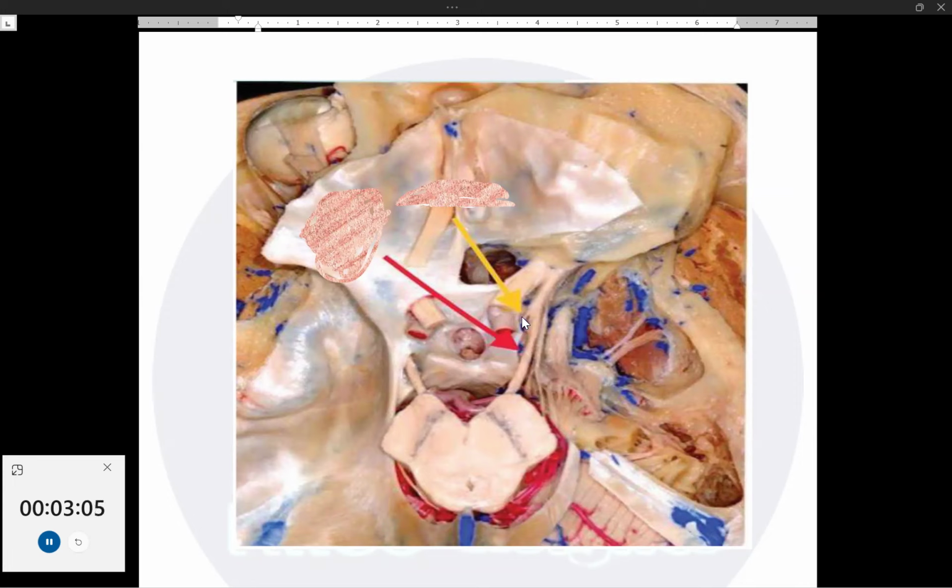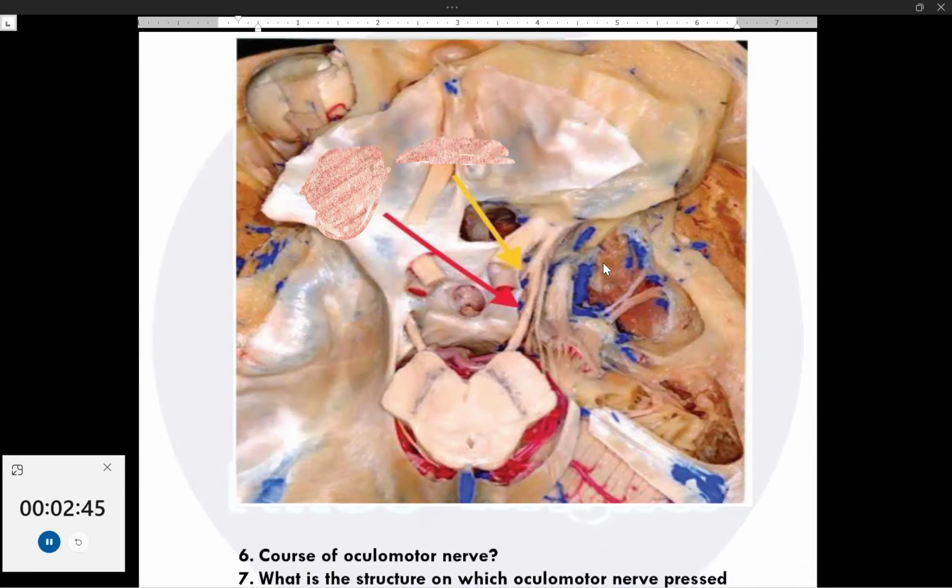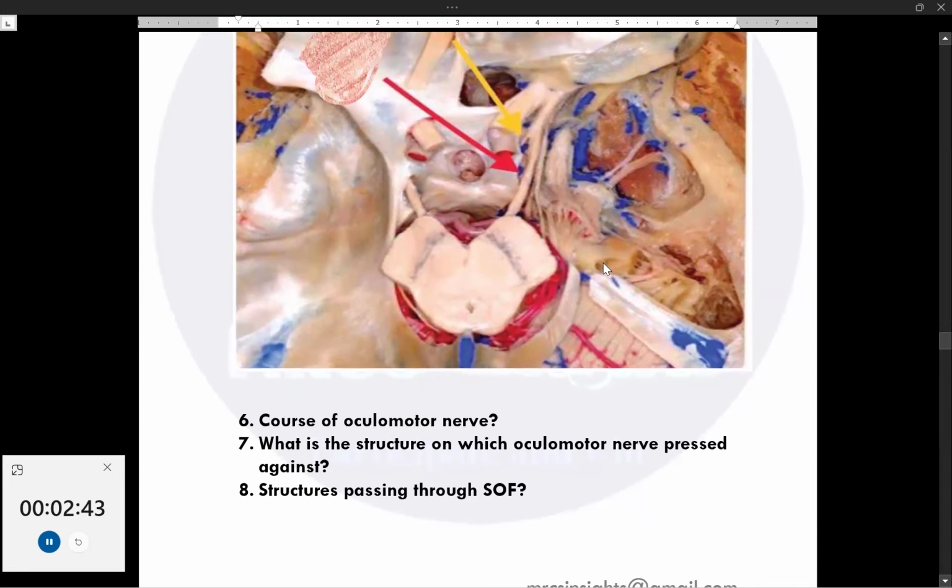The yellow one is the abducens nerve. Yes, so these two nerves are basically involved with the movement of the eye, and you can see here both nerves enter the superior orbital fissure, right here. Okay.